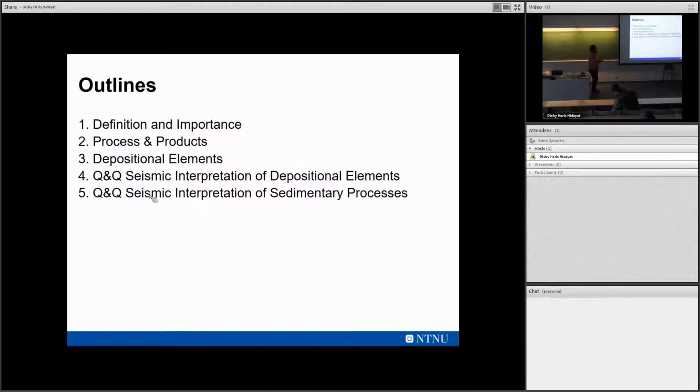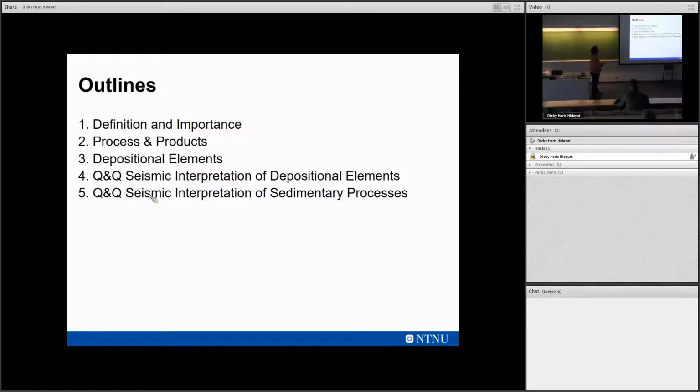So the outline is this one for today. In the beginning, I will give you a brief introduction about what deep marine is, and also the importance of why we need to learn about deep marine processes and products. In the basic sedimentology course, you have this definition, I think.